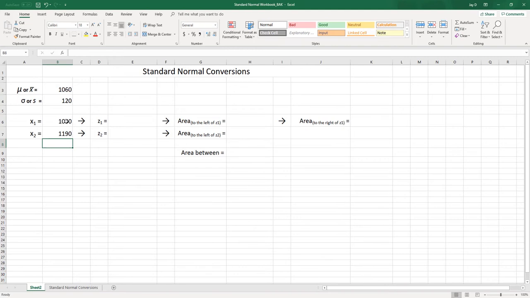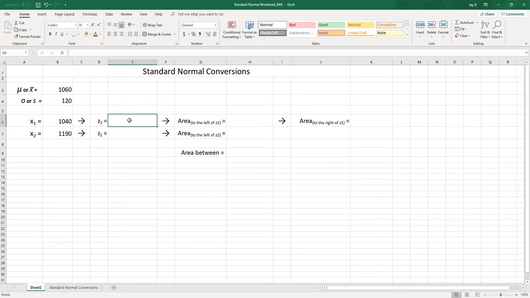Because we're doing a conversion from an x-axis to a z-axis, and that's the behind-the-scenes work, we use the z conversion formula, otherwise known as finding the z-score or the z-value that corresponds to this x value with a mean of 1060 and a standard deviation of 120.